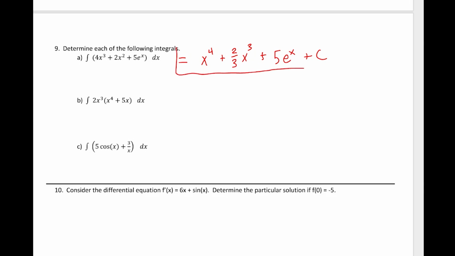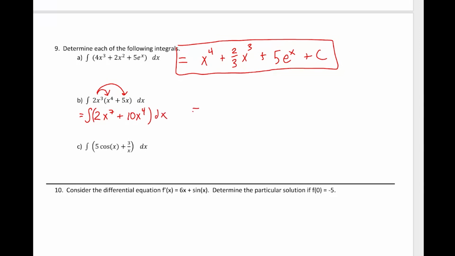For letter B, I think we'll want to distribute that 2x cubed first. So let's take care of that. And that would be 2x to the, I'm going to add the exponents here, 7th, plus 2 times 5 is 10, x to the 4th dx.